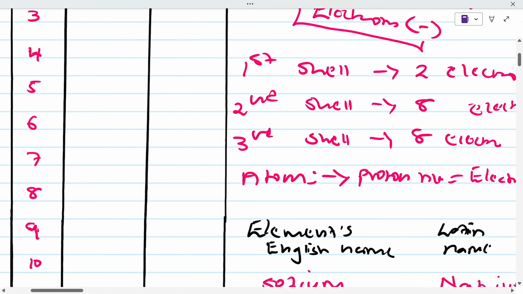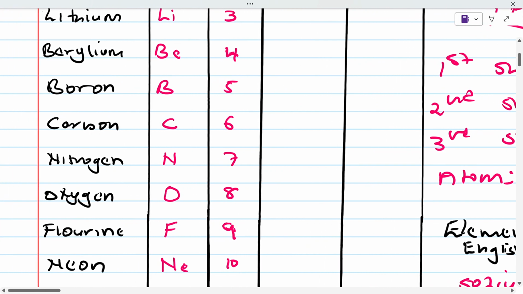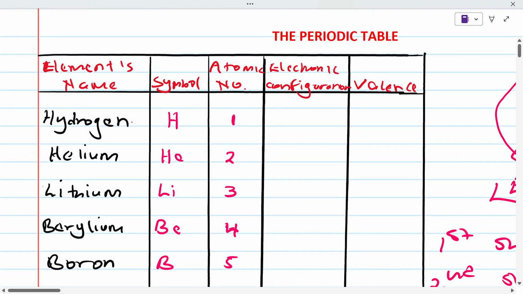So meaning, if an element has 1 as its atomic number, it has 1 electron. If it has 2 as its atomic number, it has 2 electrons. Why am I saying so?